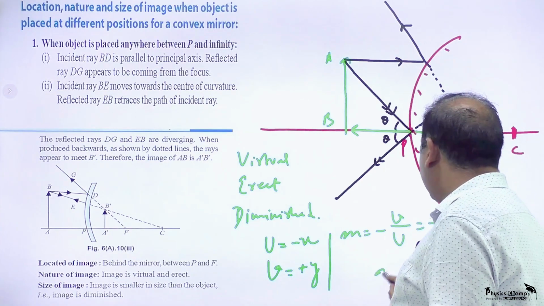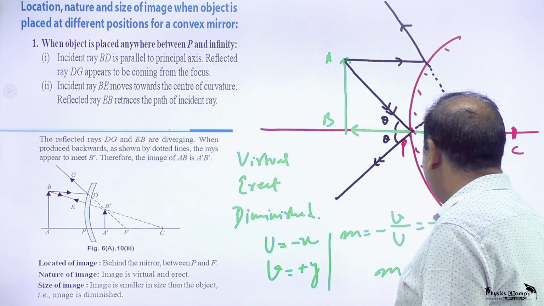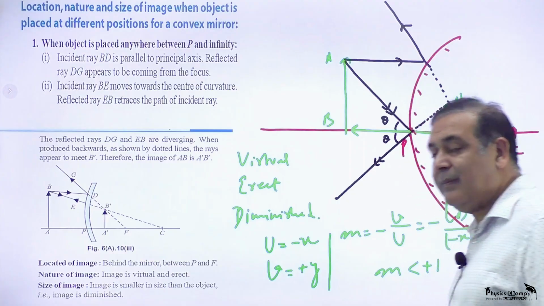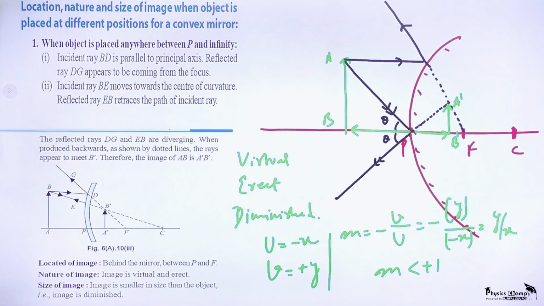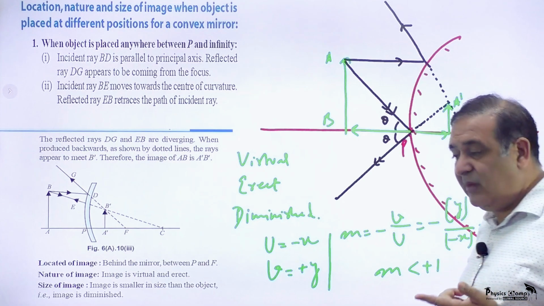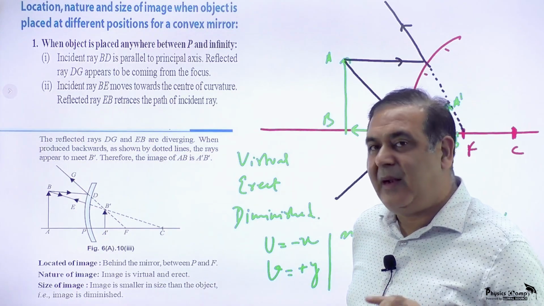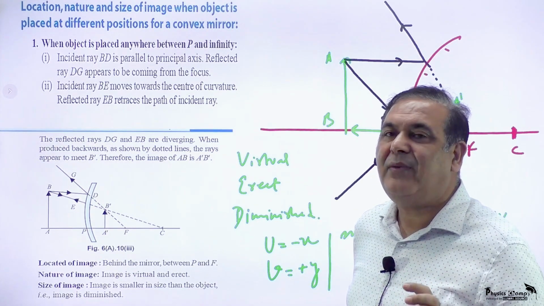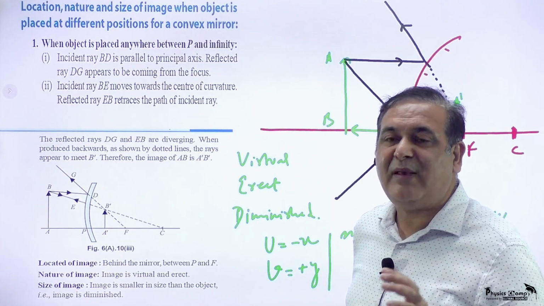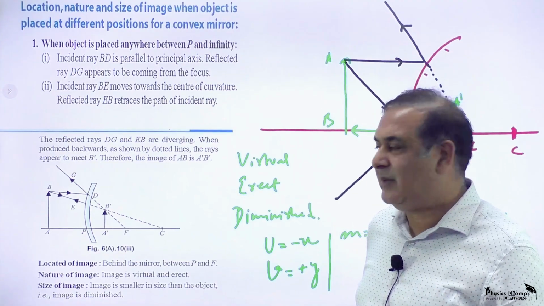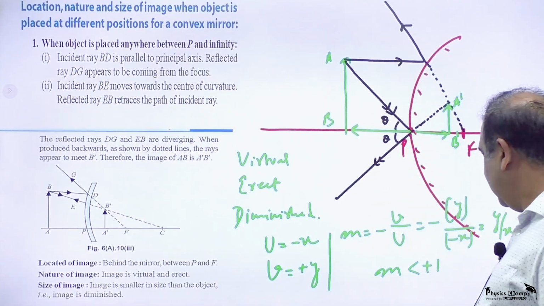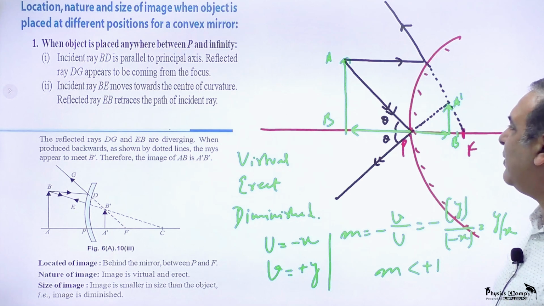So magnification is less than +1 because y is obviously smaller than x. तो ये वर्चुअल होगा, पॉजिटिव मैग्निफिकेशन शो करता है कि वर्चुअल इमेज बनेगी, और लेस देन 1 शो करता है कि द वर्चुअल इमेज विल बी स्मॉलर इन साइज एज कंपेयर टू द ऑब्जेक्ट साइज. So that's how we can see the case of convex mirror.